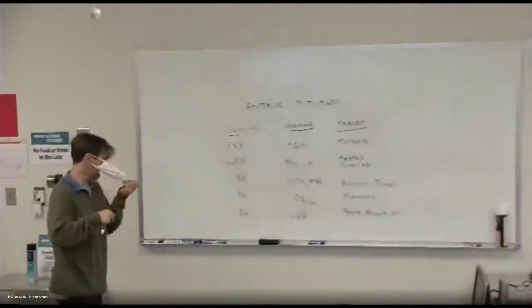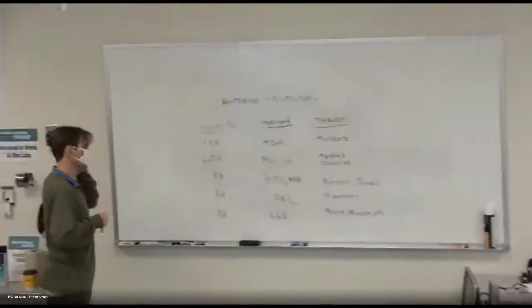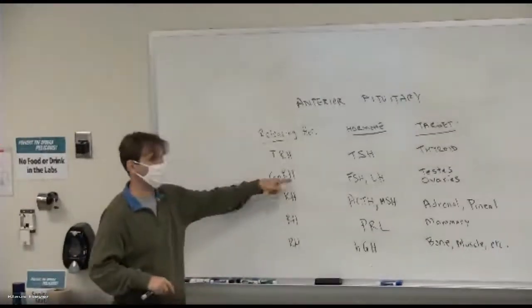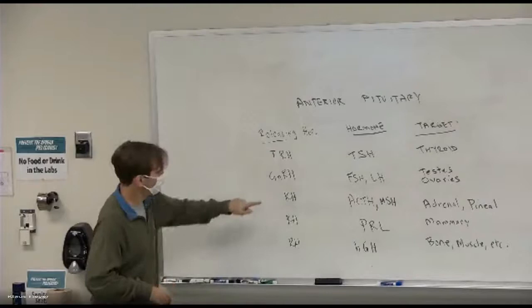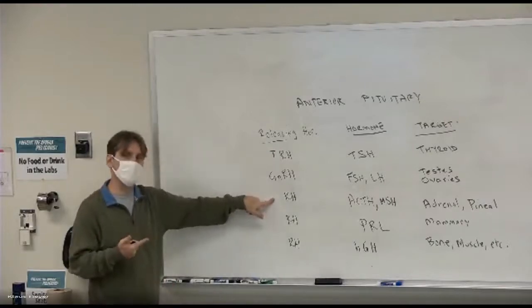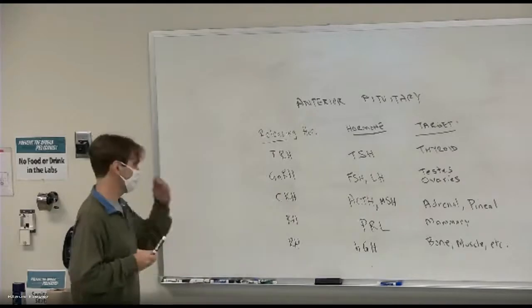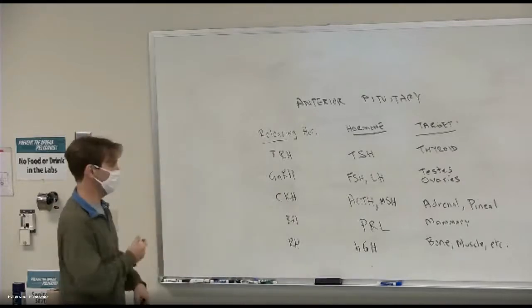Same name as the cell. The cell was called a gonadotrope. Here we just put gonad RH. This was called a corticotrope. It started with a C. So there's that one, corticotropin releasing hormone.